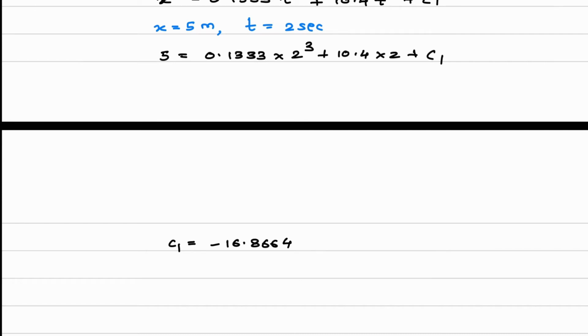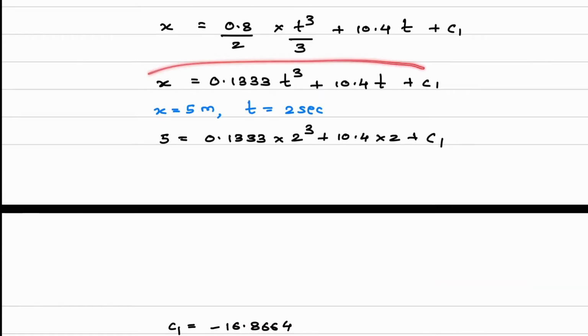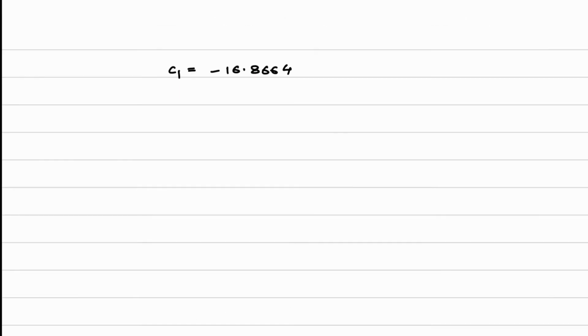So substitute this value of c1 in this equation so that you will get a relation between x and t. So the final relation is x is equal to 0.1333 t cube plus 10.4 t minus 16.8664. Okay, now what is asked in the question, we will see that. This is equation 3.